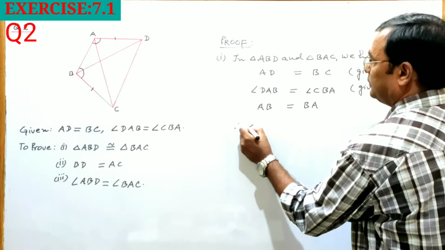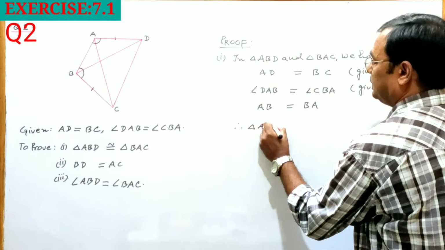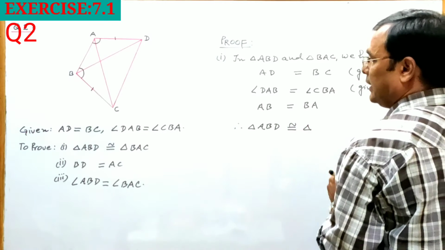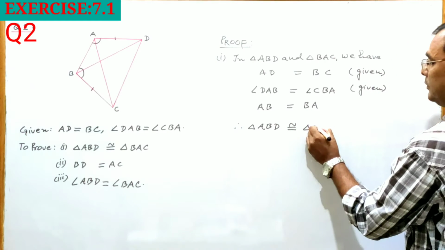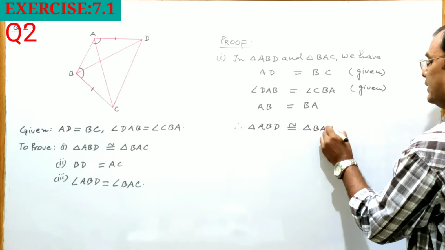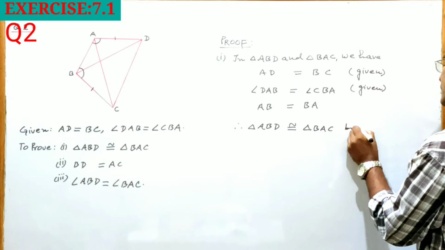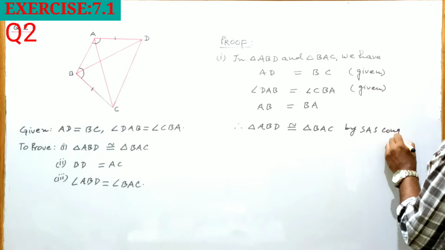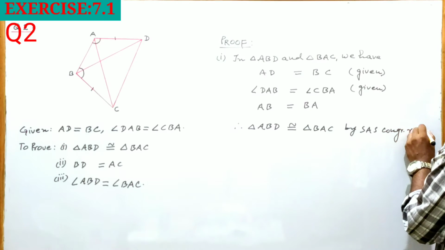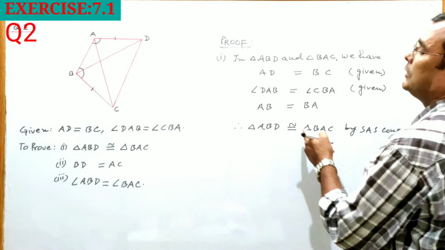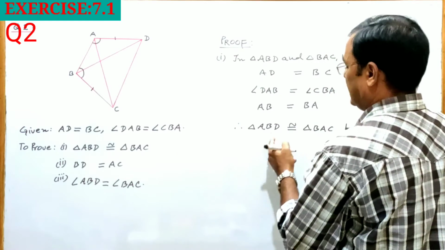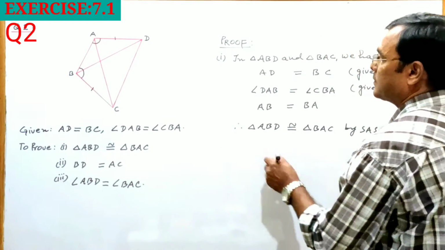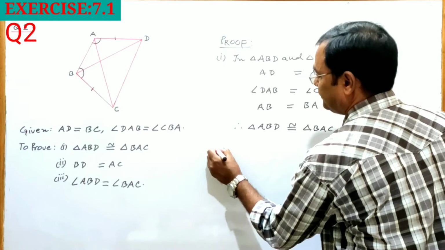Therefore, triangle ABD is congruent to triangle BAC by side angle side congruence rule. So first part is proved. Triangle ABD congruent to triangle BAC. Now second part.